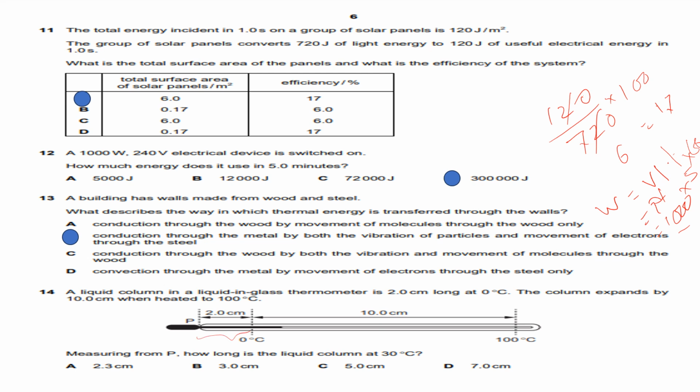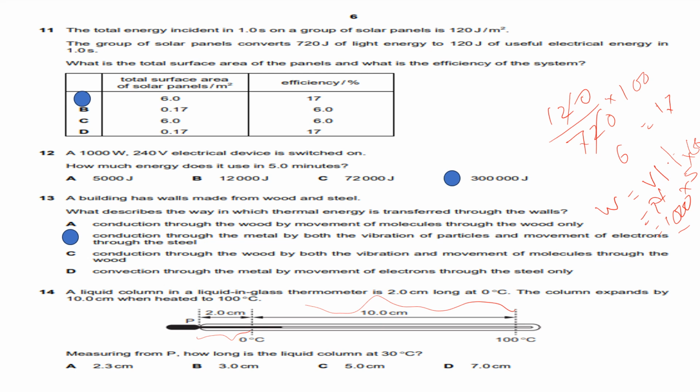A liquid column in a liquid in glass thermometer is 2 cm at 0 degree Celsius. The column expands by 10 cm when heated to 100 degree Celsius. Measuring from P, how long is the liquid column at 30 degree Celsius?